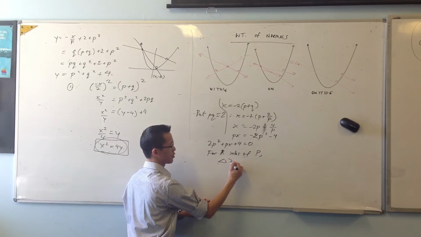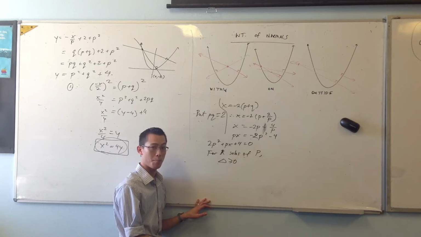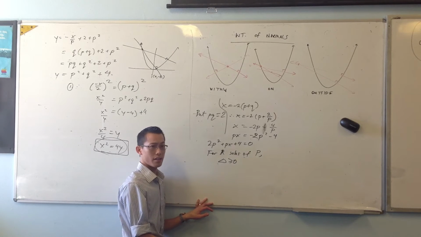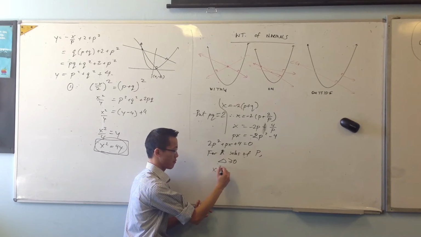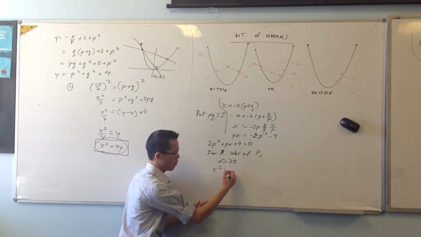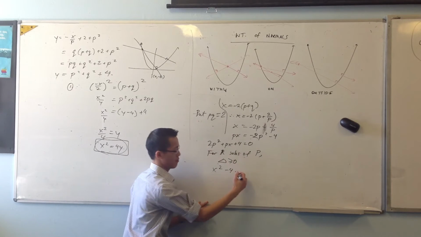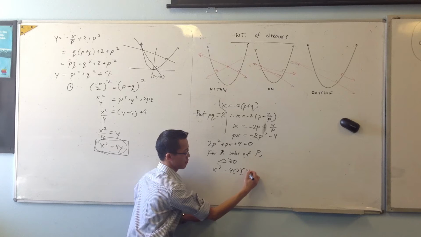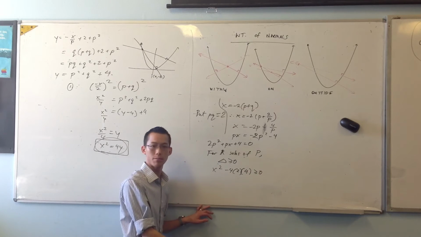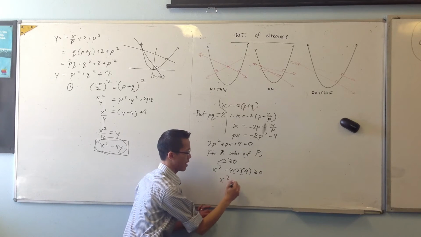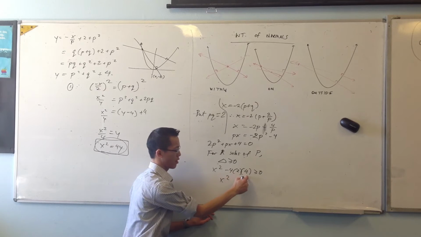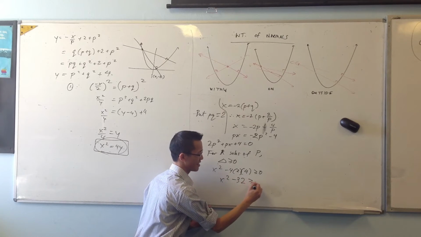The discriminant is greater than or equal to 0. Okay, so b squared is x squared minus 4ac, that's greater than or equal to 0. So x squared, 4, 8, 32. It's not quite as neat.